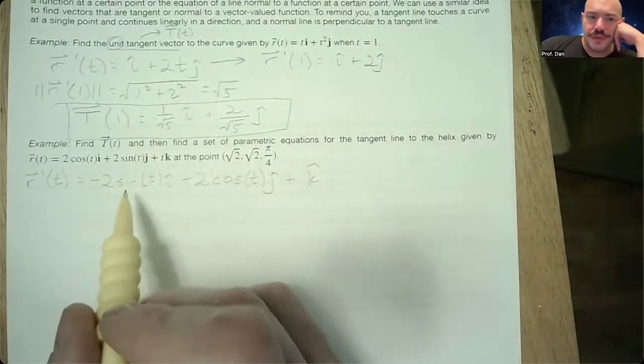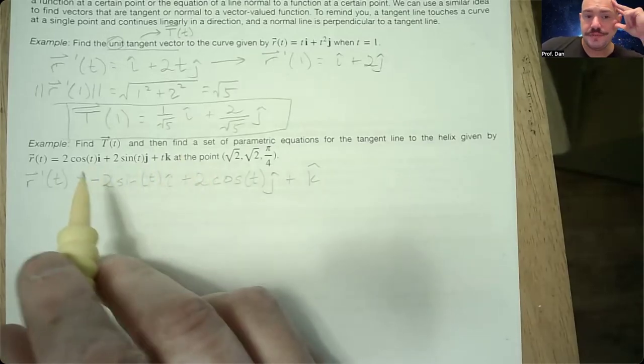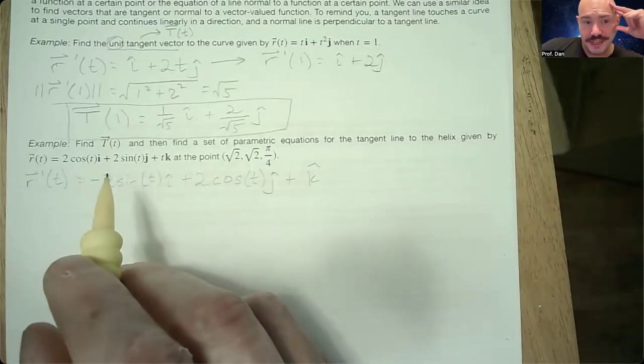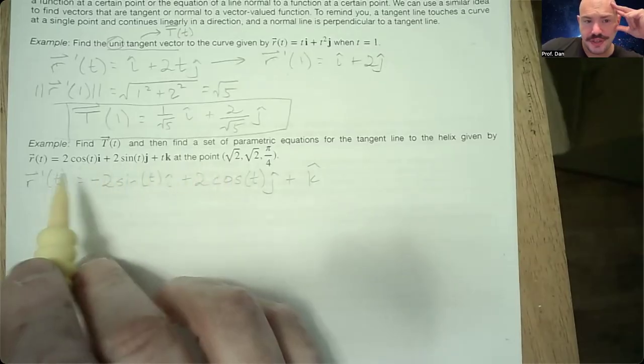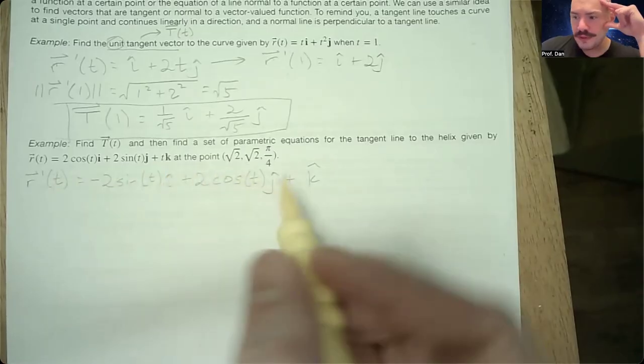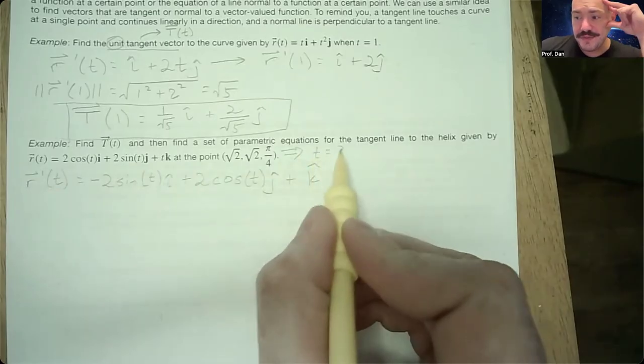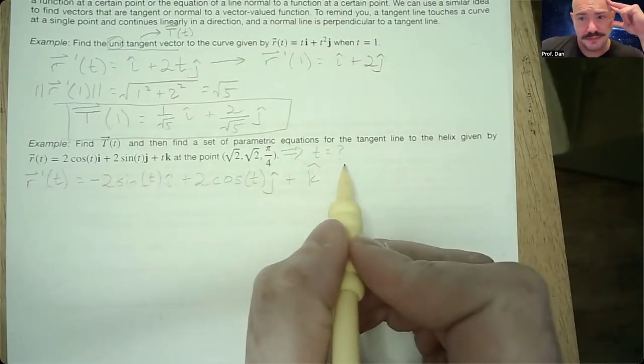So notice that we want to write out the parametric equations for the tangent line, tangent to this helix at this point. So this point is going to correspond to a specific value of t, right?